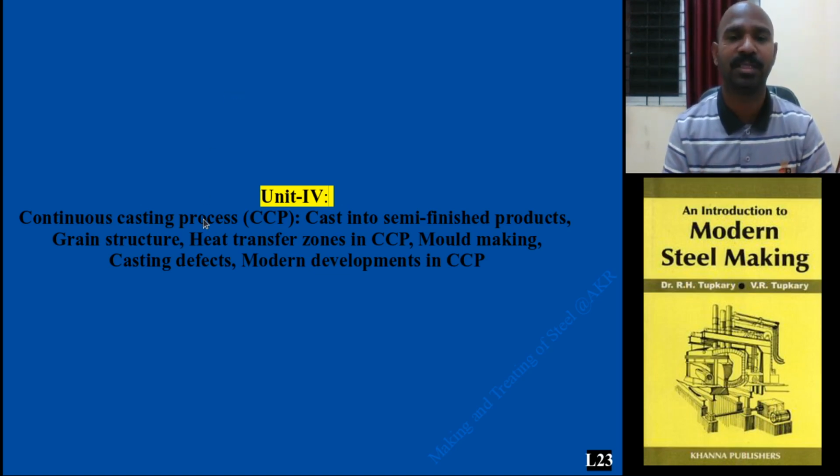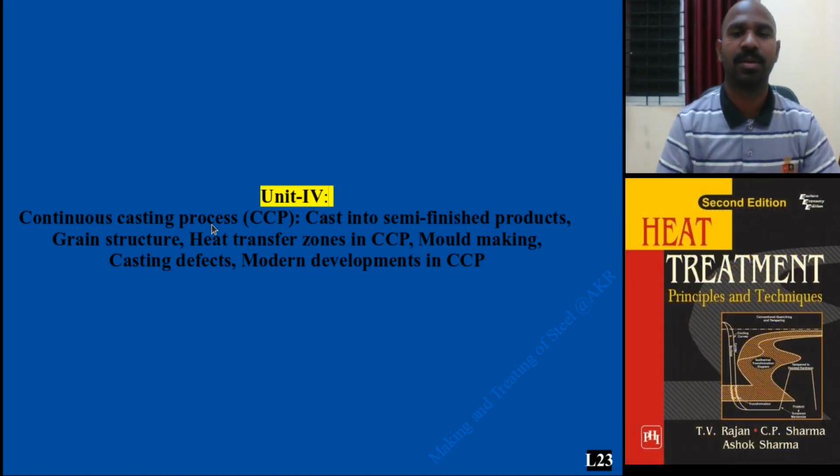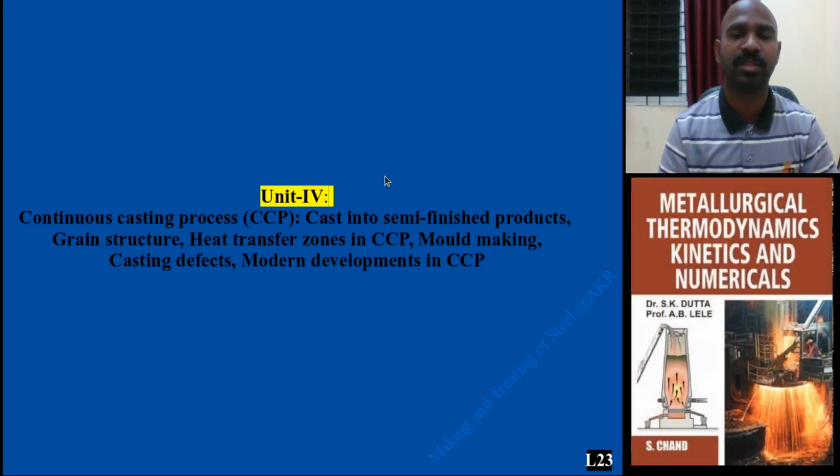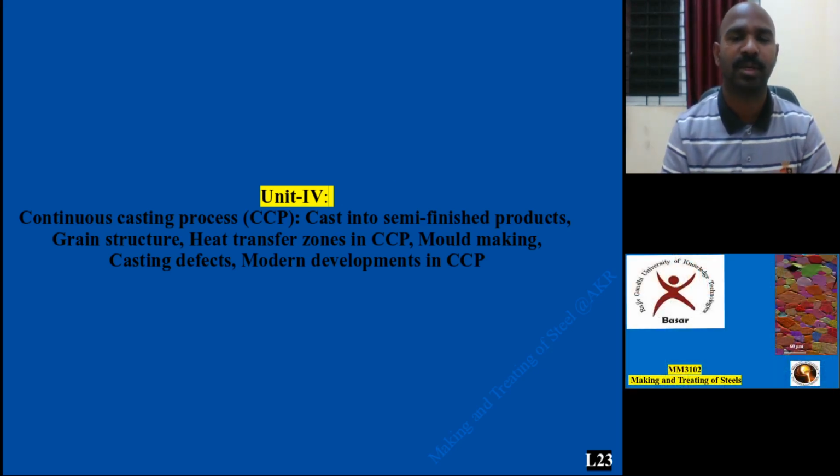Continuous casting is an important, predominant step in an integrated steel plant before the finishing operations such as rolling and conversion into plates and sheets, and wire and rod form. It is essential. It produces semi-finished goods.